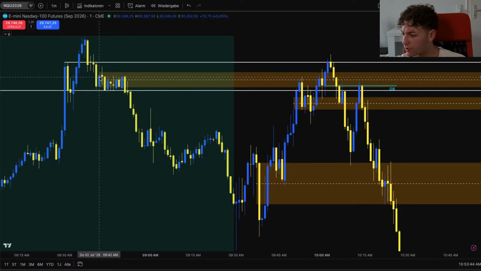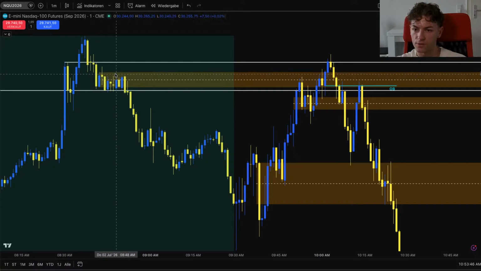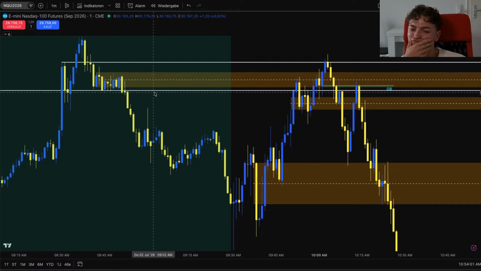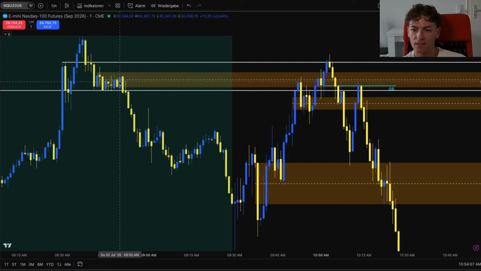You think? First up close candle before the market structure shift. Yeah, I mean, technically I would say technically you're right.